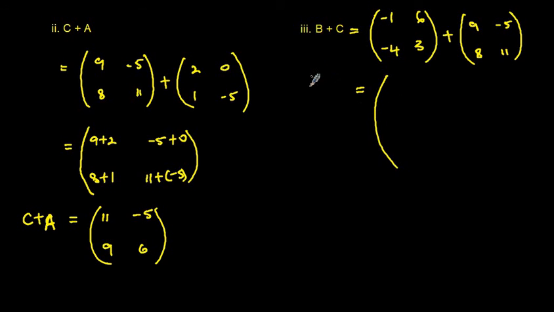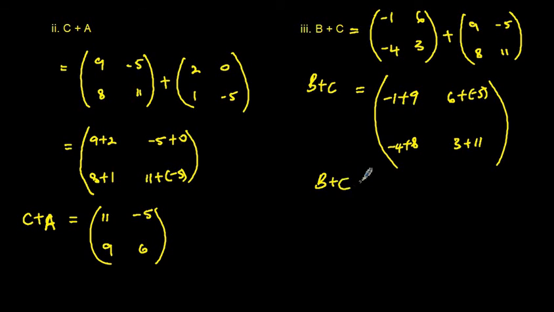So this will give us minus 1 plus 9, 6 plus minus 5, put the minus 5 in a bracket, minus 4 plus 8, and 3 plus 11. Adding corresponding elements.